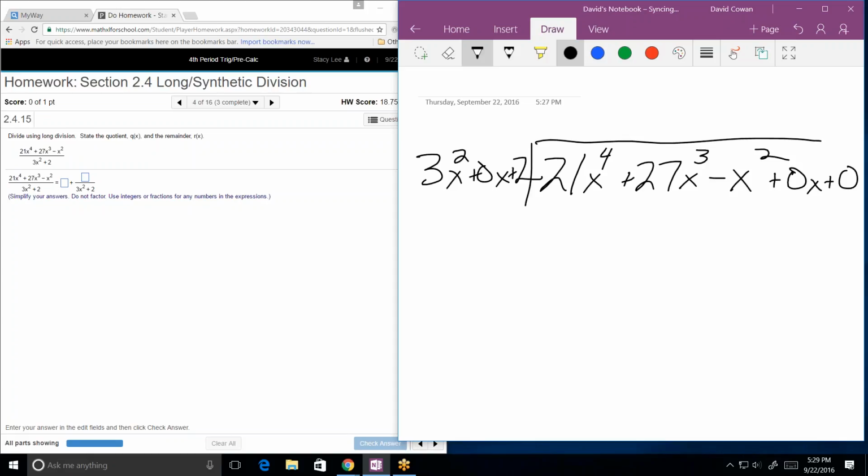So I've added dummy variables in top and bottom just to make sure I have a variable for every degree. What's the first term in the quotient? In other words, what is 21x to the fourth divided by 3x squared?